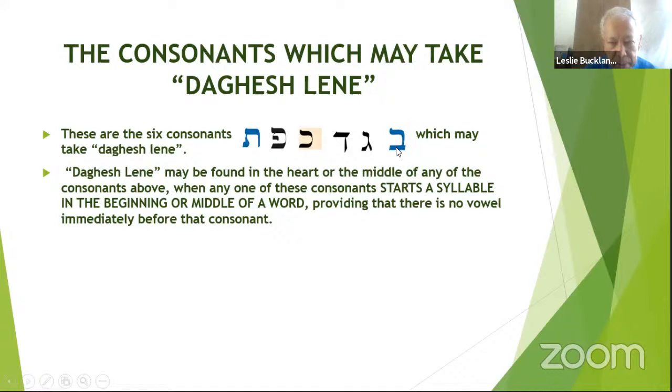So we can say this is be. Let us also pretend that there is a pathak, a short a, under the gimel, and that it does have the Dagesh Lenny in it. So you have be gath or begad to be consistent.